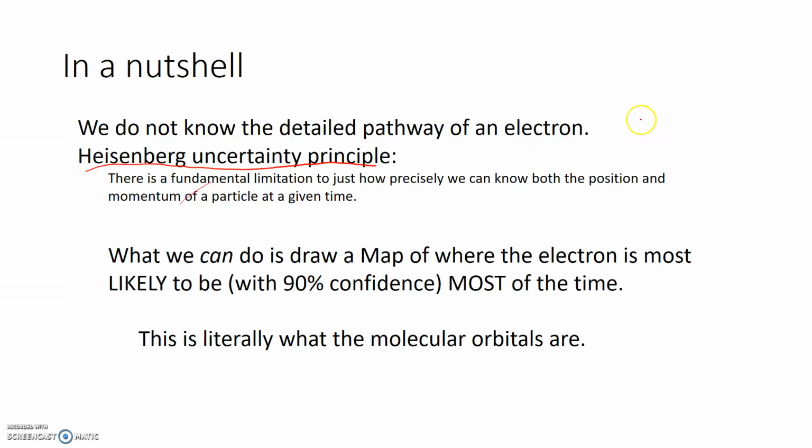So if we know where it is, we don't know how fast it's going. If we know how fast it's going, we don't know where it is. And the way I remember this is through a joke.